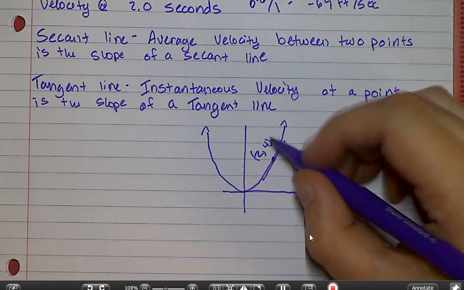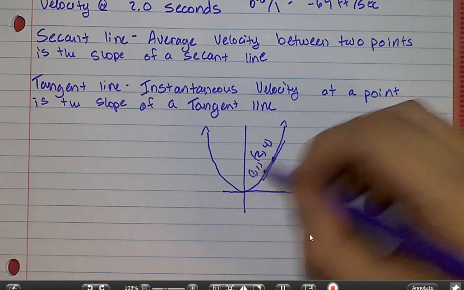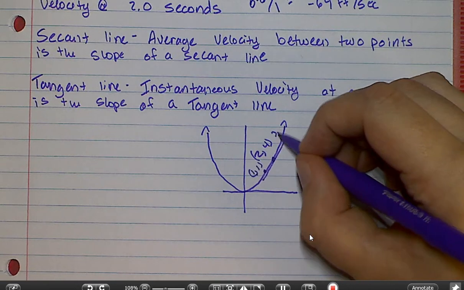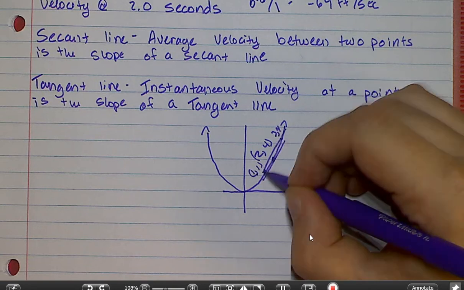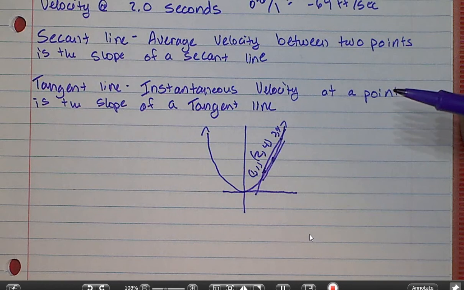I could, however, do a secant line by taking (1, 1) and (3, 9) and finding the slope in between those two. And that would be a rough approximation of the tangent line slope. Kind of, sort of. Let's get into the nitty-gritty math so that you guys can actually see what's going on.